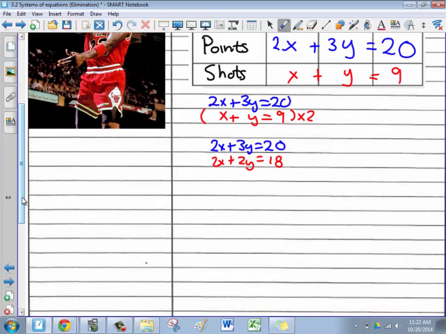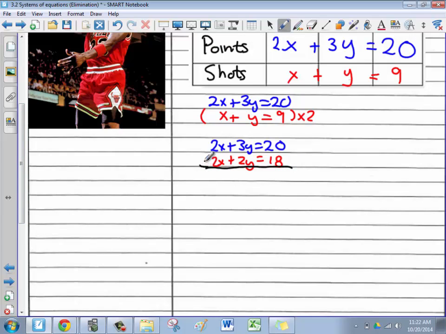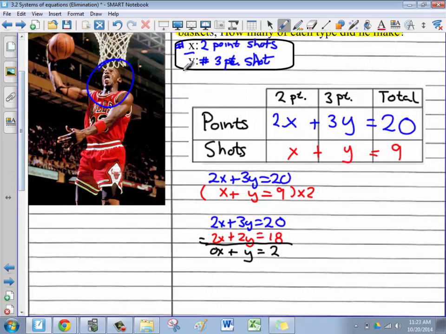So now what are we going to do? Add or subtract these 2 equations to get rid of the x's? Well, in this situation, 2 minus 2 will make them 0, so I'm going to subtract. 2 minus 2 is 0x, so that's gone. 3 minus 2 is just y, so plus y, that's nice. And 20 minus 18 is 2. So we know my y is equal to 2. What was y again? Oh, 3-point shots.